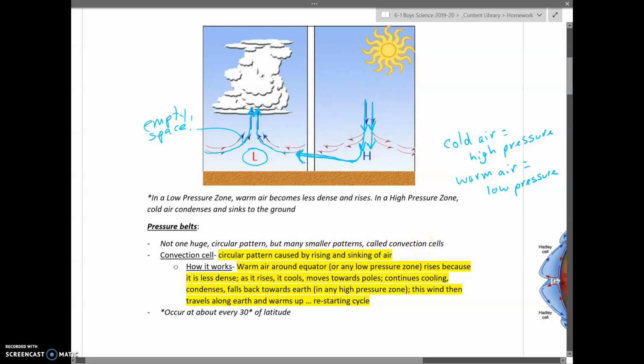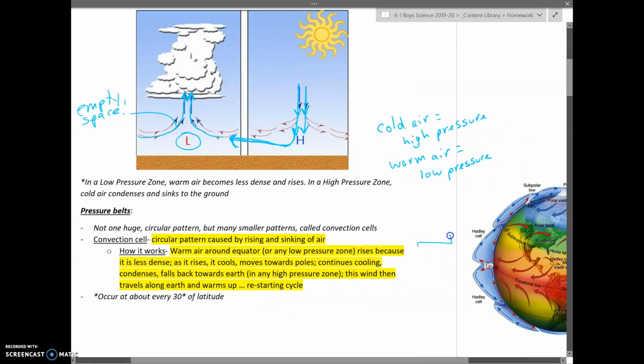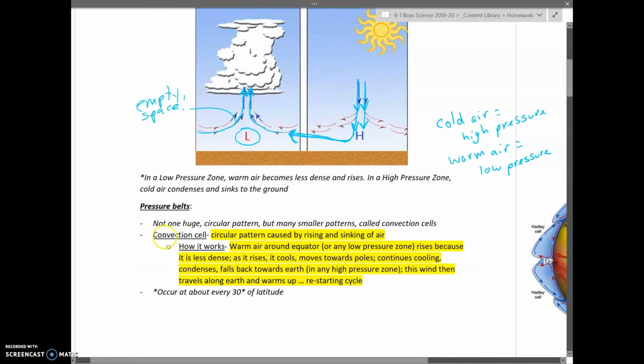I'm going to show you in just a second all the different convection cells on Earth. We've talked about this before when we learned about how energy is transferred through convected air. A convection cell is a circular pattern caused by rising of warm air and sinking of cooler air.